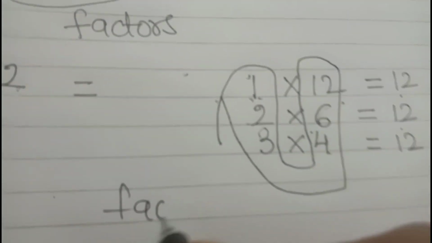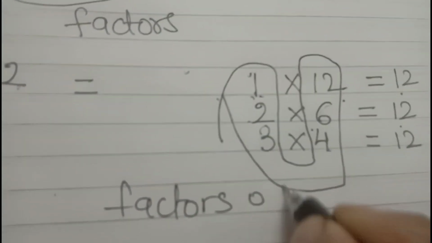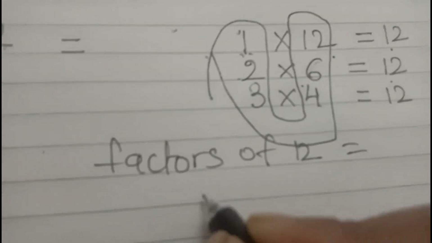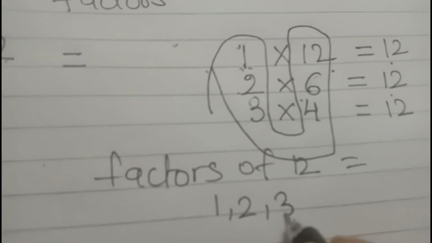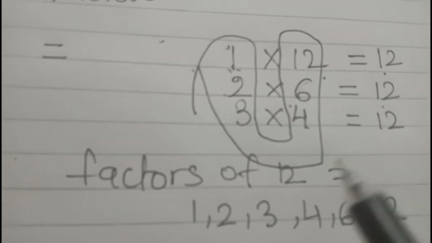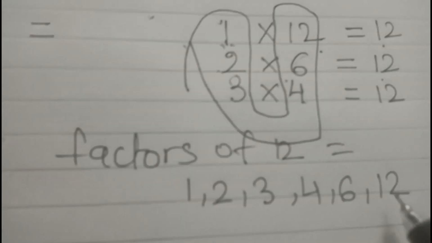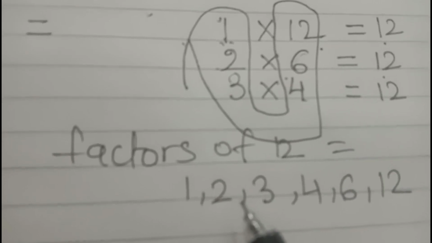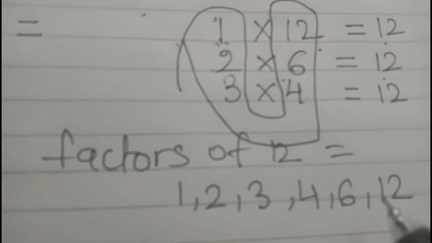So factors of 12 are 1, 2, 3, 4, 6, 12. That means in these tables 12 comes. That means 12 is completely divisible by these numbers.